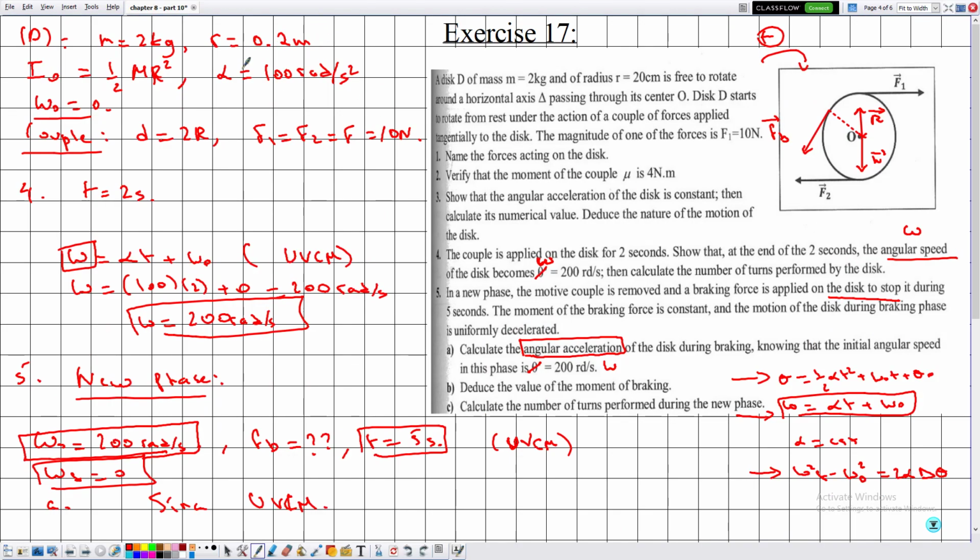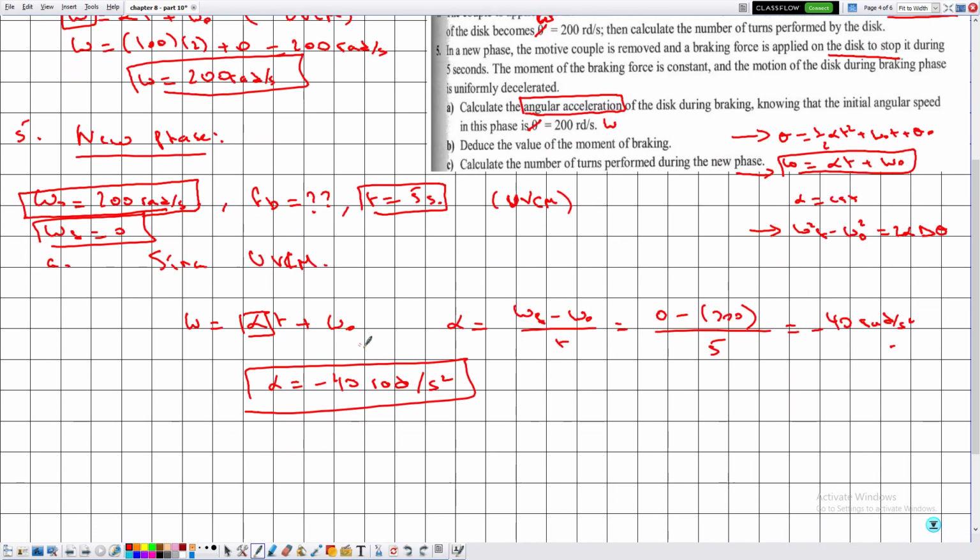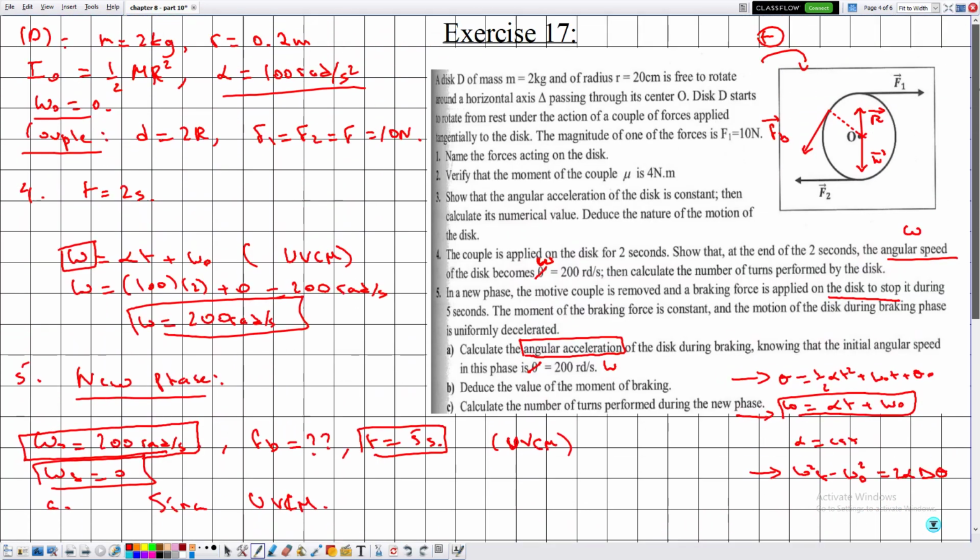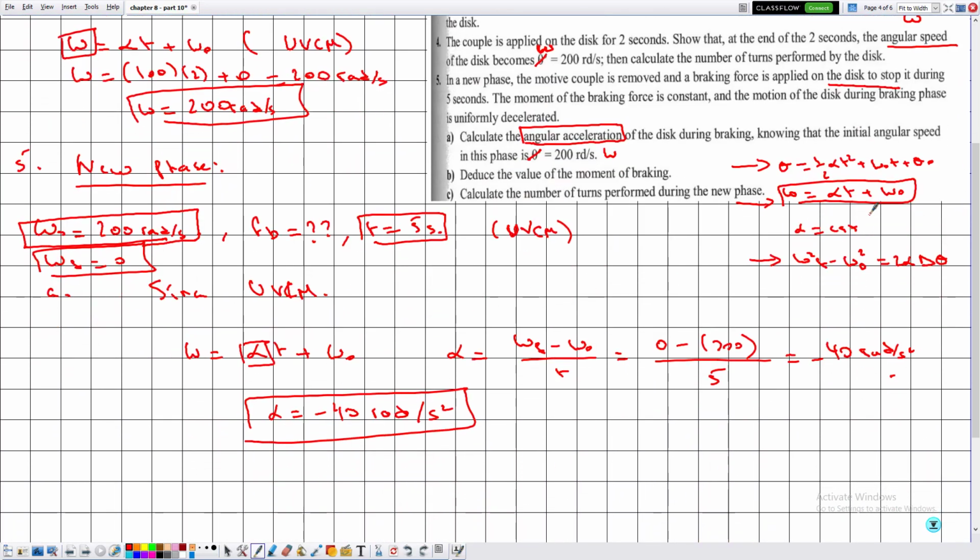The angular acceleration was 100, and the angular deceleration is 40. The difference is that initially it took 2 seconds to accelerate the disk from 0 to 200, while in the other part it took 5 seconds to decelerate the disk. For this reason, the angular deceleration is smaller in value.